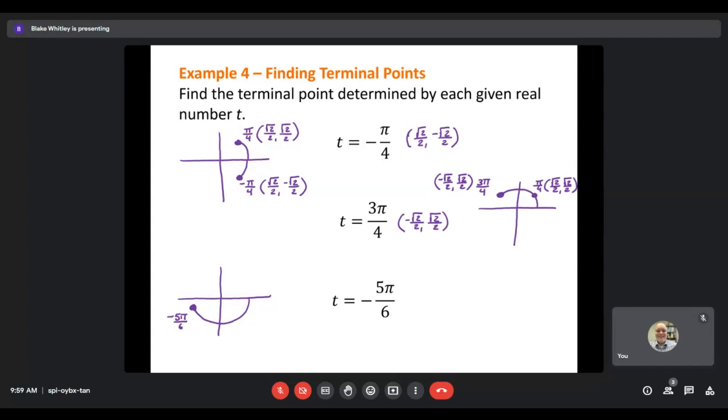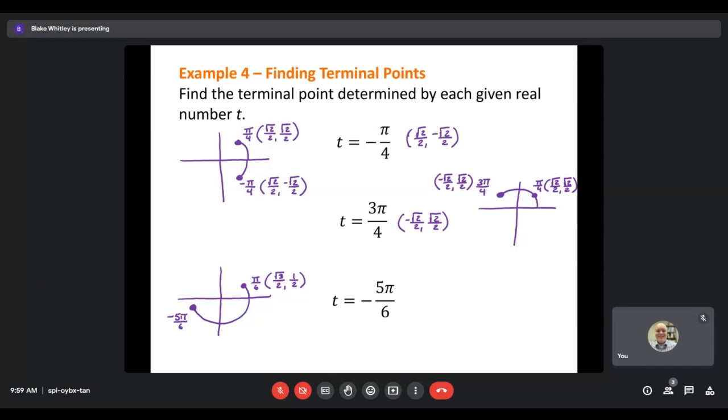Now, again, I need to think about those ordered pairs from the first quadrant that would give us a reflection, that would give us this ordered pair. The point that we can reflect then is going to be positive pi over 6. Now, that ordered pair should be square root of 3 over 2 and 1/2.